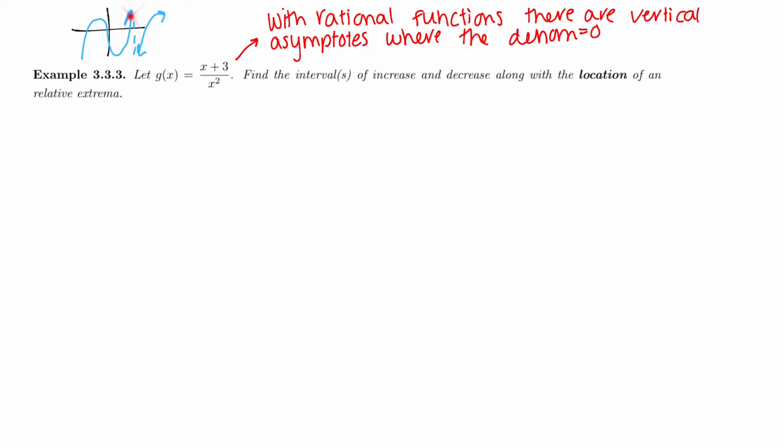This x value is not even in the domain. So you can't have any extrema at these asymptotes. You can't have extrema at values that are outside the domain. You may change from increasing to decreasing there, but you cannot have any maxes or mins there.